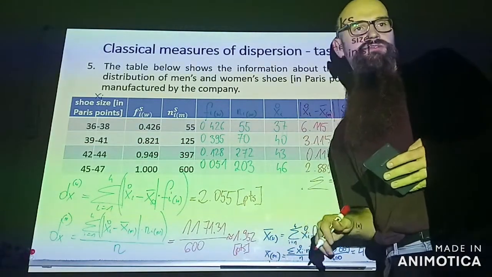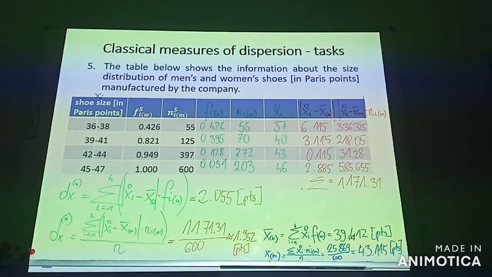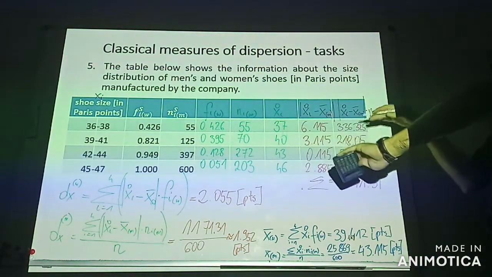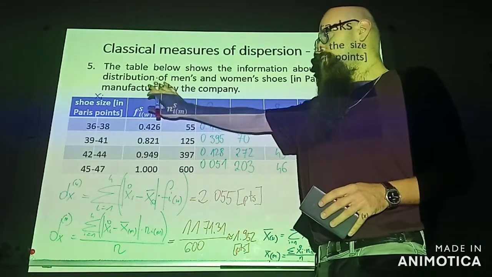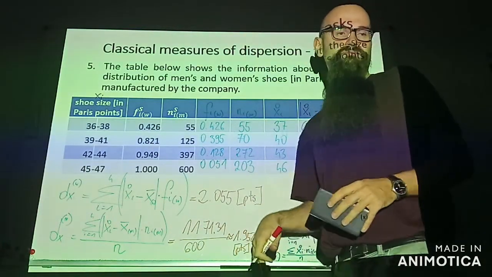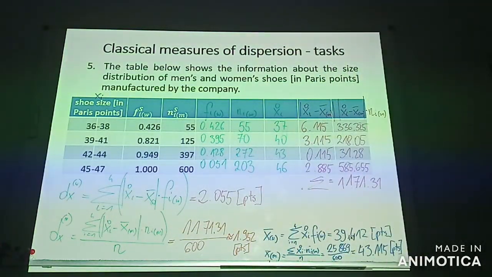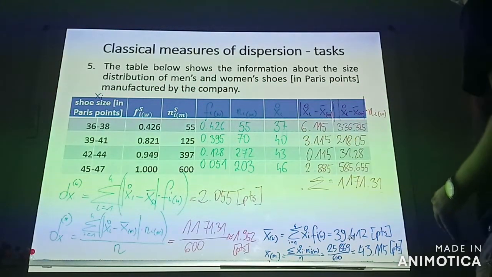Very similar to the previous one in absolute terms, but as you can see here, we have one variable, but we have two different levels of the considered variable in population 1 and population 2, in the population of women's shoes and in the population of men's shoes.